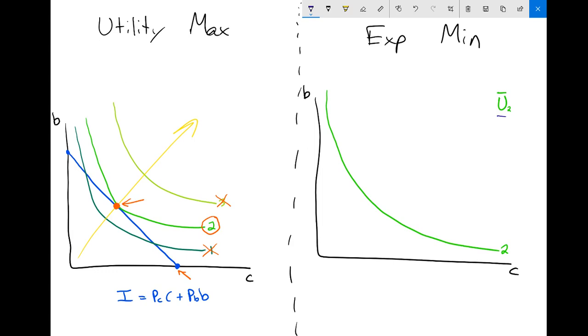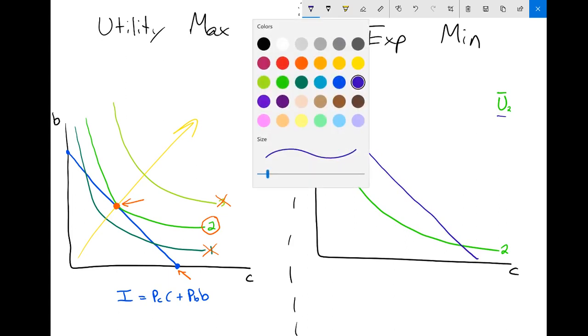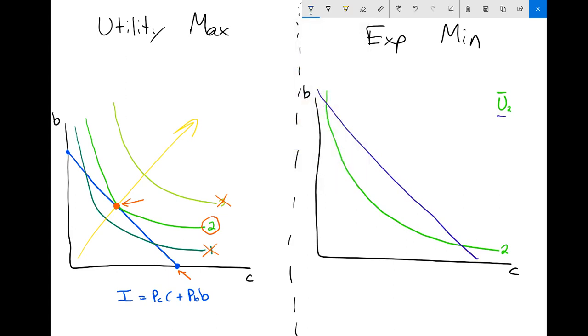So now the utility level is fixed, and what they will do is choose an expenditure level that will allow them to minimize their expenditures, while still achieving the target utility value.